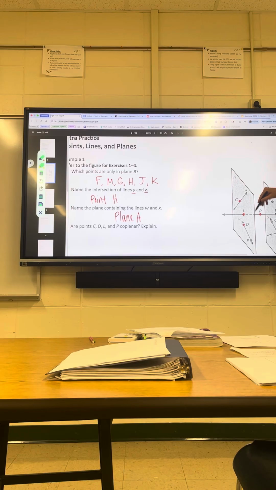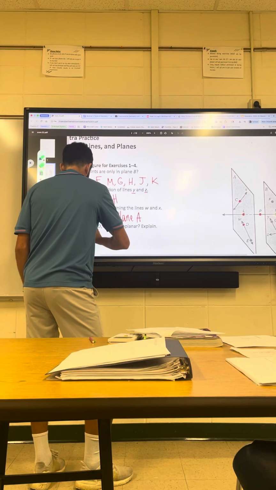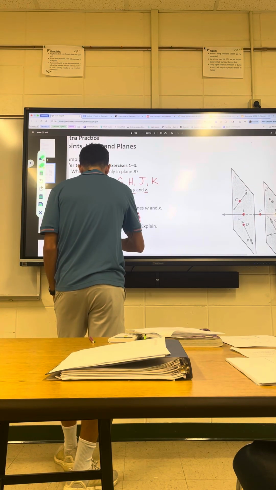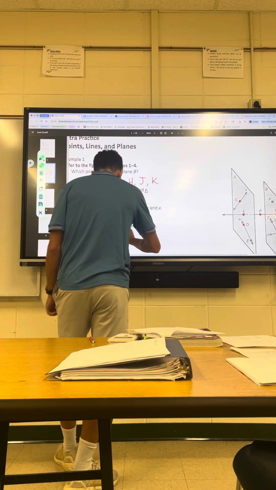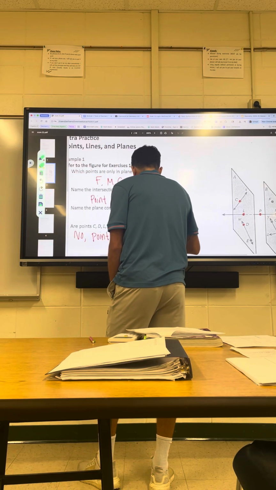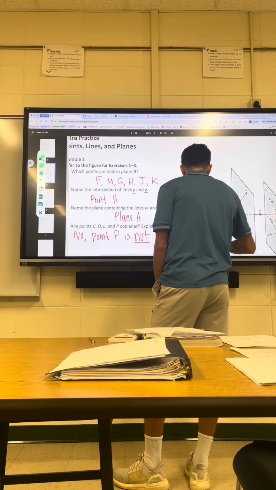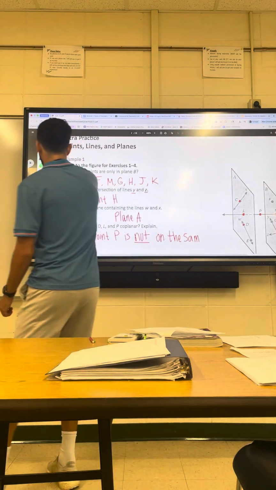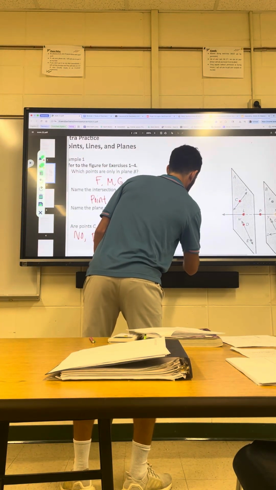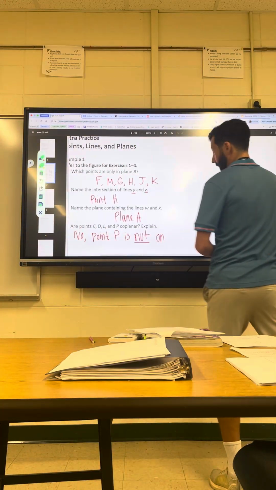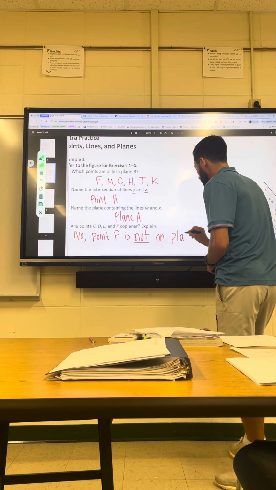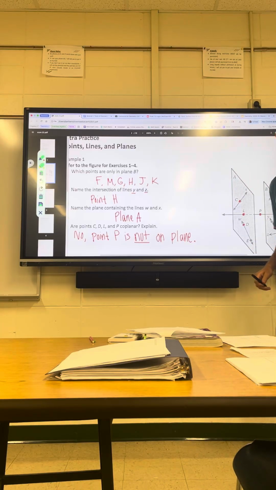No. C, L, and W are in plane A, but point P is in its own plane, so point P is not coplanar with A, C, and D. So we're gonna put no. Point P is not on plane A. So on the test, you'll need to know what coplanar means.